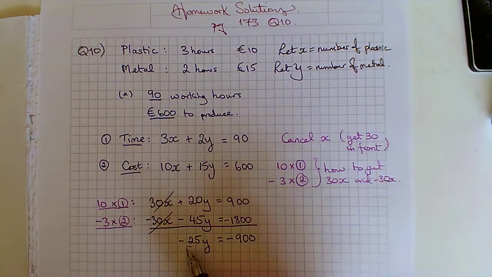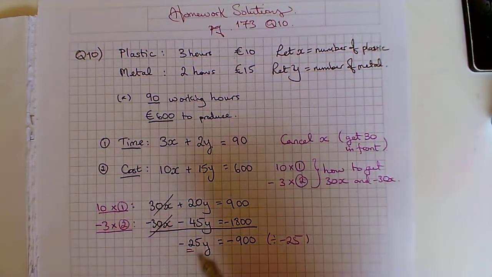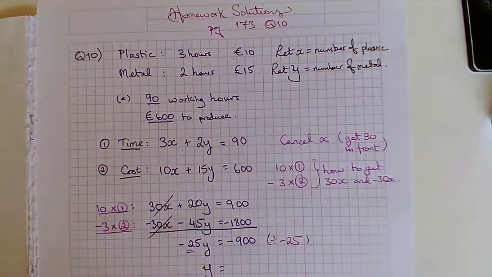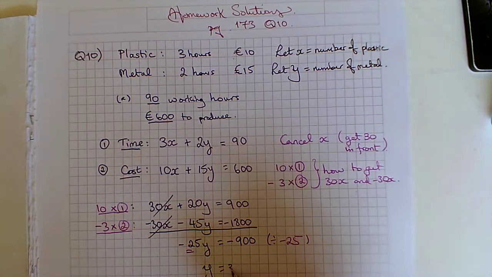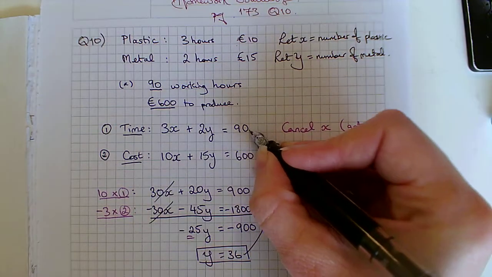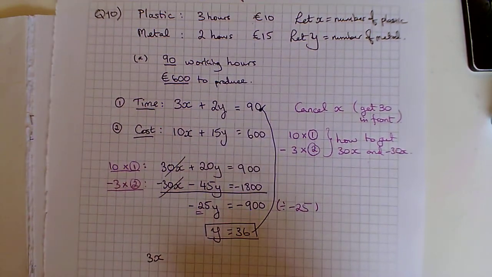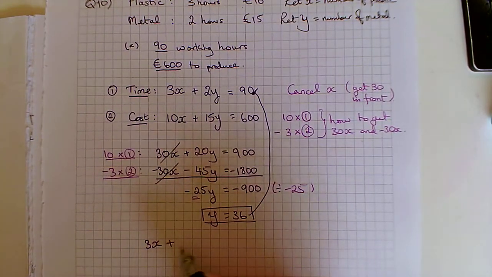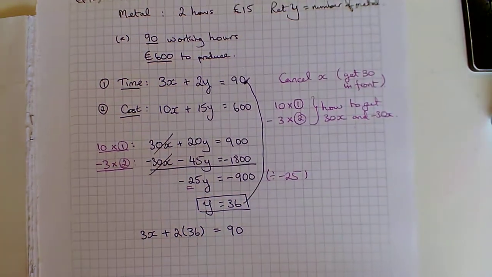Then, to find the value of y, we divide across by minus 25. So y is equal to, a minus divided by a minus gives you a plus, 36. So 36 metal parts. And then substitute that back into whichever of the equations you feel like. So 3x plus 2y, 2 times 36, will be equal to 90.